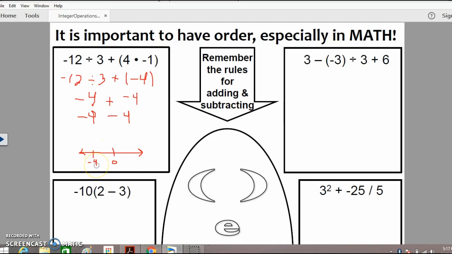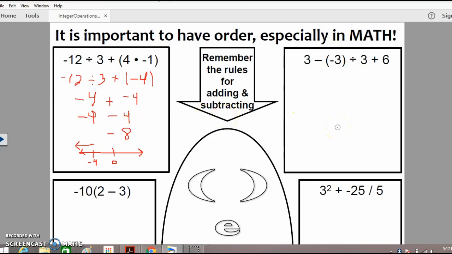Now, if I'm moving to -4, I'm already at -4 and I take 4 more away, that means I'm going down, I'm going to the left. And if I move 4 to the left, I should end up at -8. Okay, now we're going to go to the next one, to the right.